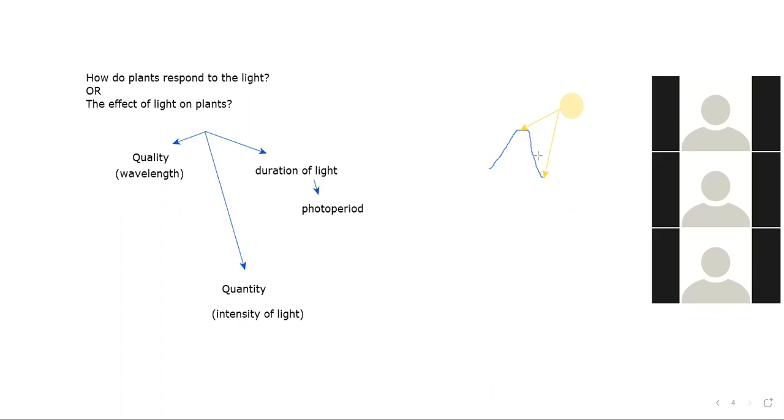Okay, that's clear. So now we were talking about the duration of the light, which is called the photoperiod. So this photoperiod, or the duration of the light in plants, regulates the phenological processes in plants. Let's suppose we know when the wheat crop or the maize crop becomes mature.